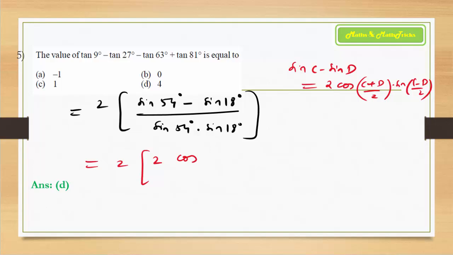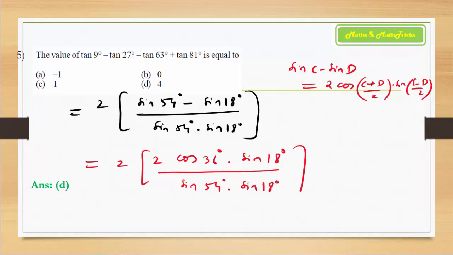54 plus 18, what would it be? 64 plus 8 is going to be 72. 72 by 2, so cos 36 degrees, into sine of (C minus D) by 2. 54 minus 18 is 36, 36 by 2 becomes 18. And this is all divided by sine 54 degrees into sine 18 degrees. So you can see the simplification now. Sine 18 degrees terms are getting cancelled.